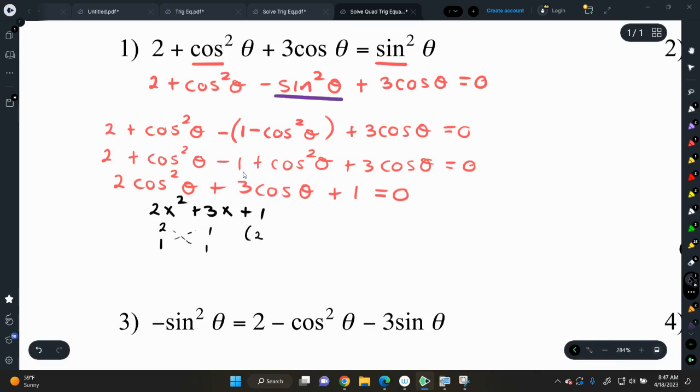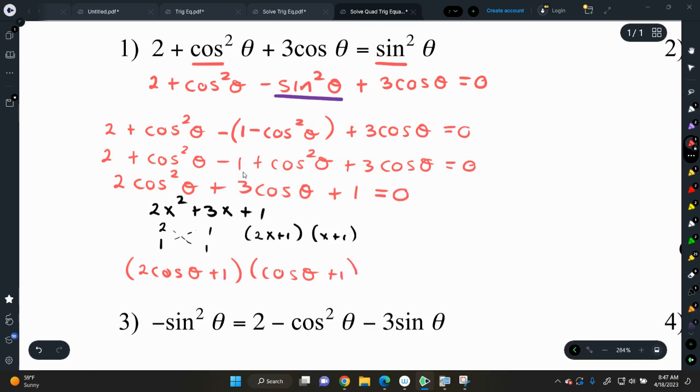So this is going to factor as 2x plus 1, x plus 1. Okay, so we have to know how to factor. So that means this is going to factor 2 cosine theta plus 1, and then cosine theta plus 1 equals 0. Okay, I'm not going to take the time to solve the rest of it.